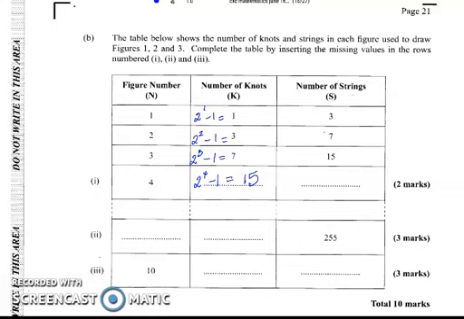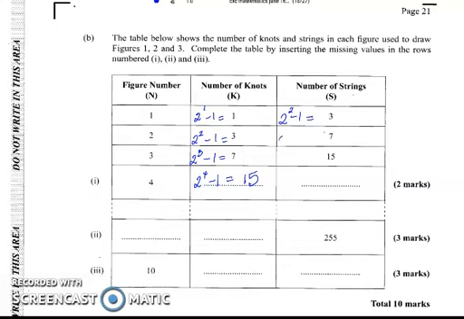The number of knots is actually 2 raised to the power of the figure number, minus 1. Now over here, I observe that this is 2 squared minus 1, which gives me 3. So here, the power that you raise 2 to is 1 more than the figure number.